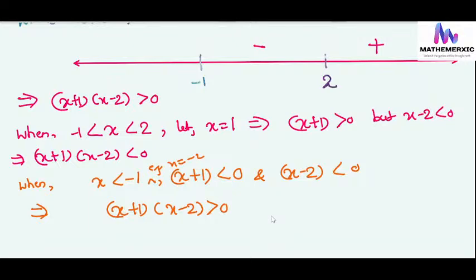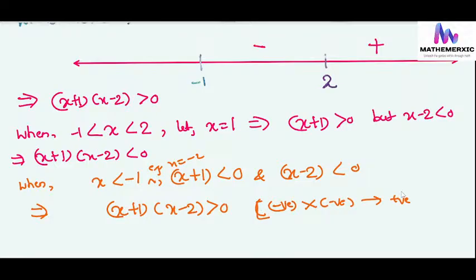So what we are saying is (x plus 1)(x minus 2) is greater than 0. We can say it's not possible otherwise, right? Because negative numbers will multiply and become positive. Here negative into negative results in positive.